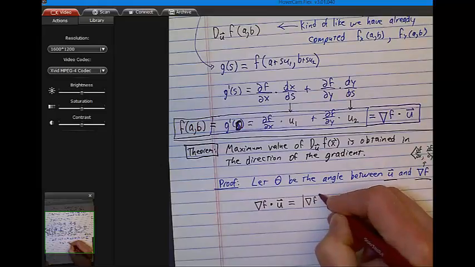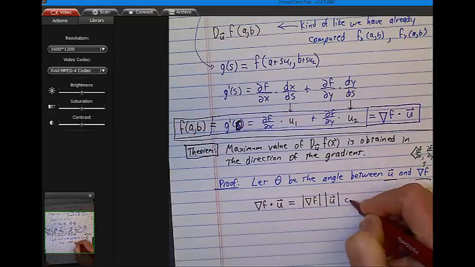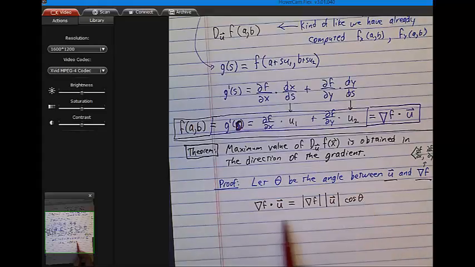That's right. The magnitude of grad f times the magnitude of u times the cosine of theta. The way I usually write this identity is cosine theta equals the dot product divided by the magnitudes. You guys remember that? Okay.